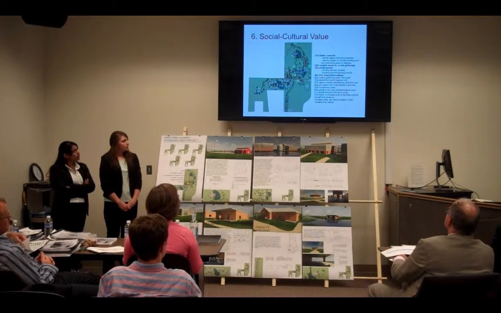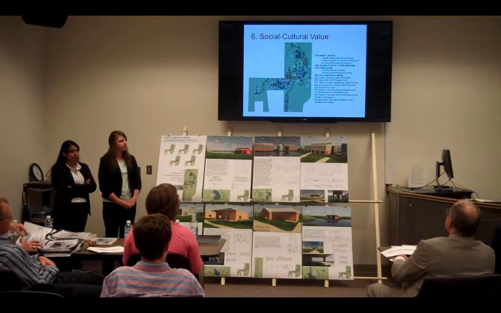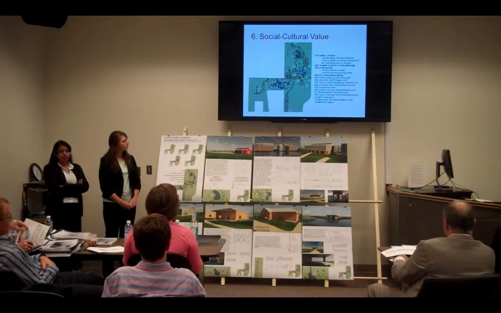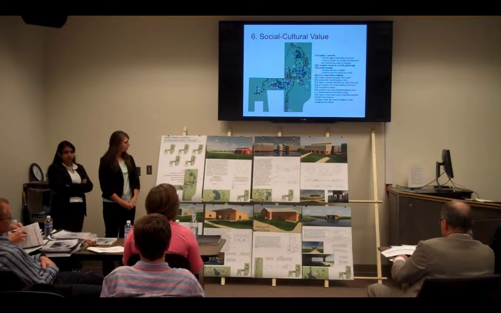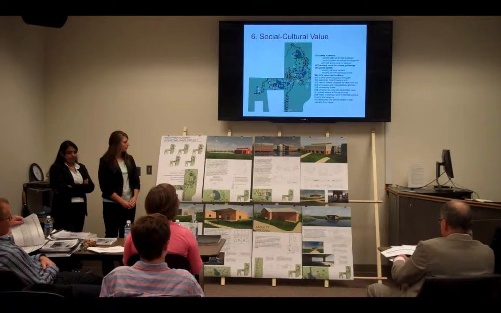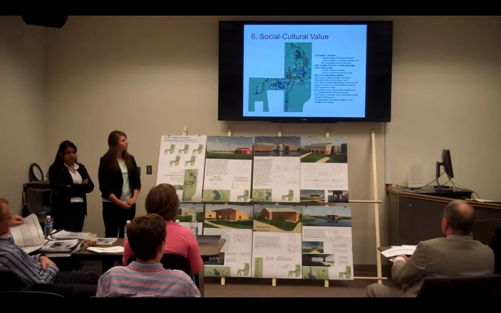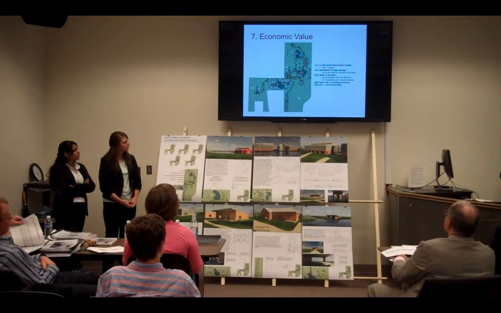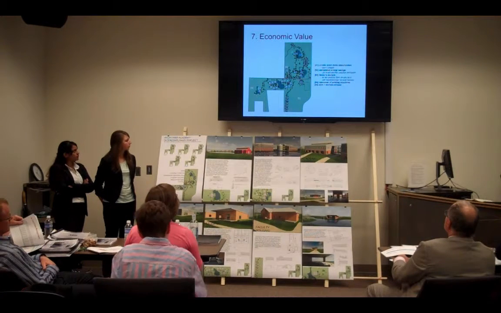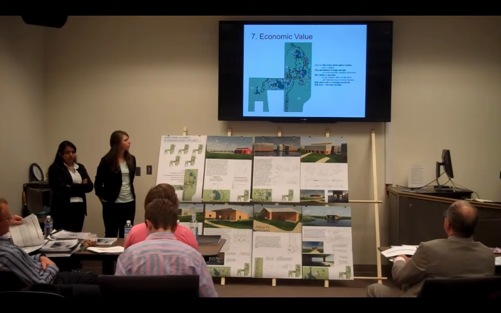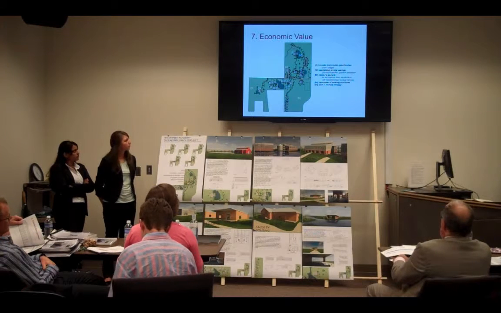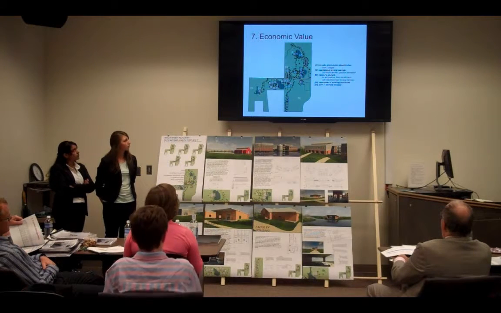For social and cultural value that's added to the site, a few of the key aspects are safety and security, a rentable venue for private gatherings, public access for monthly farmers markets and donor events, and ADA compliant buildings. For economic value, we have on-site rental opportunities through the barn and chapel, the sustainable energy savings through the wind turbines and passive ventilation, and farmers markets.